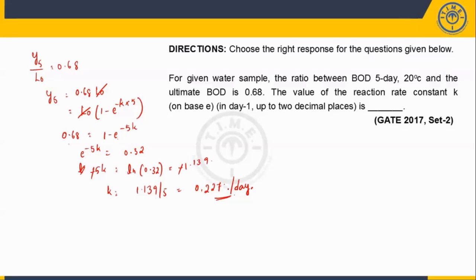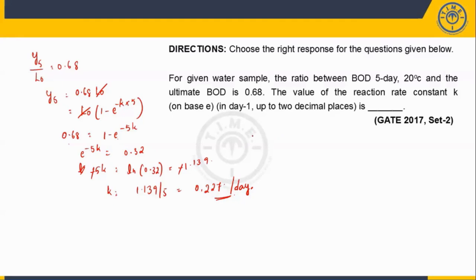It does not exceed that. Practically, I'm telling you. BOD rate constant practically will be in the range of 0.1 per day, 0.15, 0.2, 0.225, like that only. It never exceeds that actually. Okay. Now you tell me where you got stuck.